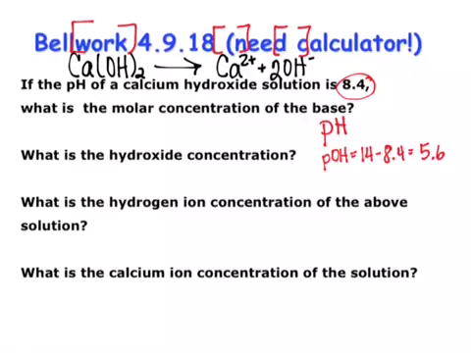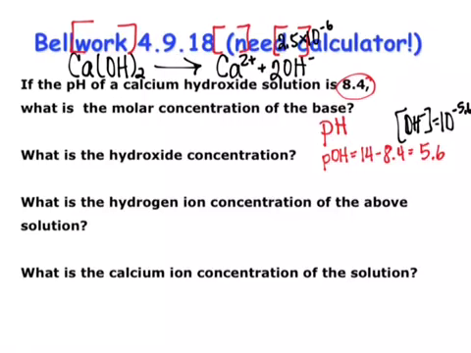So we do 10 to the negative 5.6. So hydroxide concentration is going to be 10 to the negative 5.6. So put that in the calculator. Tell me what you get. 2.5 times 10 to the negative 6. That's the concentration of my hydroxide.